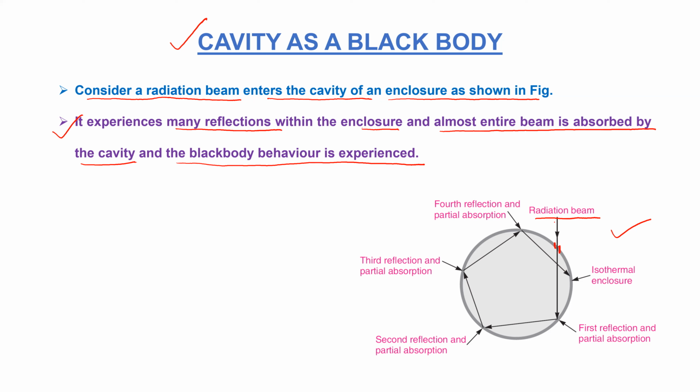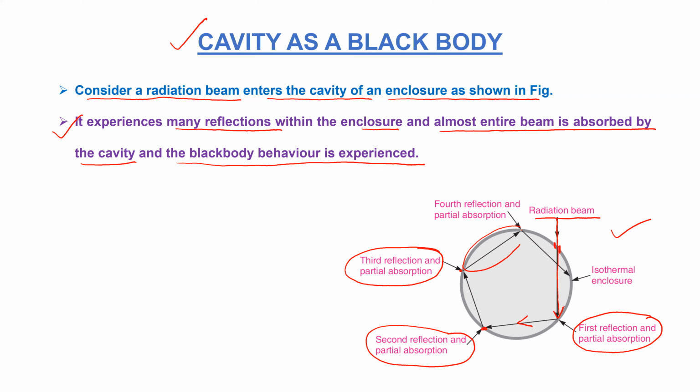When the radiation beam enters here, it falls here first of all. This is the first reflection and partial absorption. Reflection takes place and the remaining energy falls at this particular location. Then this is the second reflection and partial absorption. Once again it falls here. This is the third reflection and partial absorption.